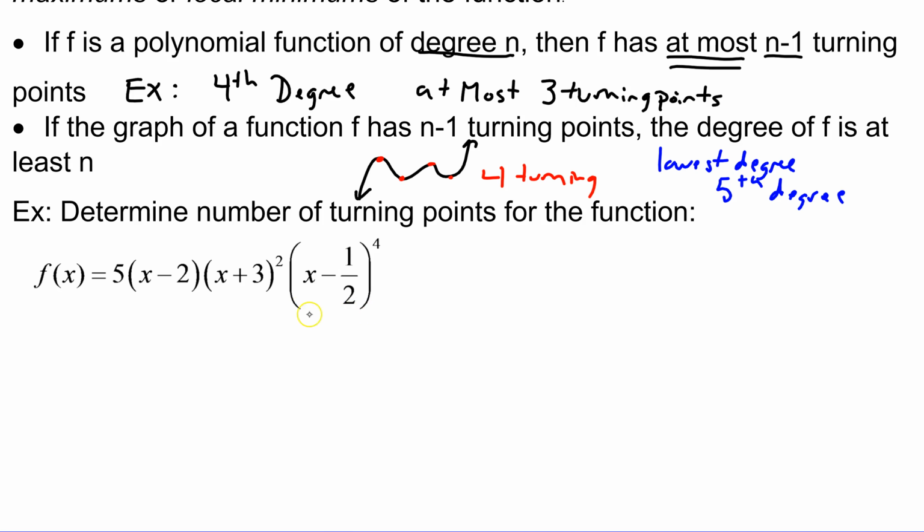I'd have to multiply this x minus 1/2 by itself 4 times, and I'd also have to multiply x plus 3 by itself twice, and multiply those together, and then also multiply x minus 2 and multiply by 5. That is a lot of work, and really we don't need to do it.